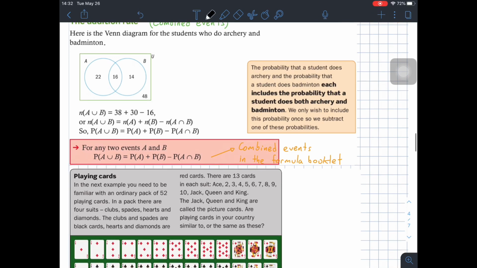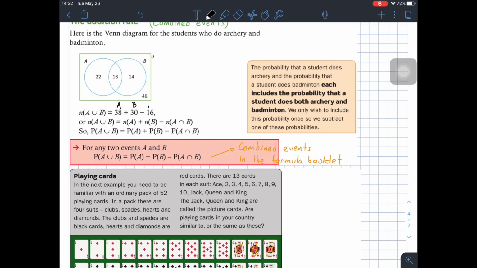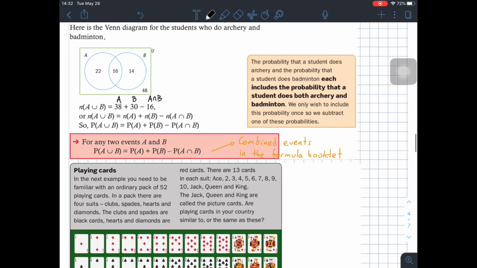So it says 38 plus 30 minus 16. 38 is archery, 30 is badminton, and this 16 is one intersection between A and B, right? So it says that the number of A union B is number of A plus number of B minus number of A intersection B, which is what I just showed you, right?